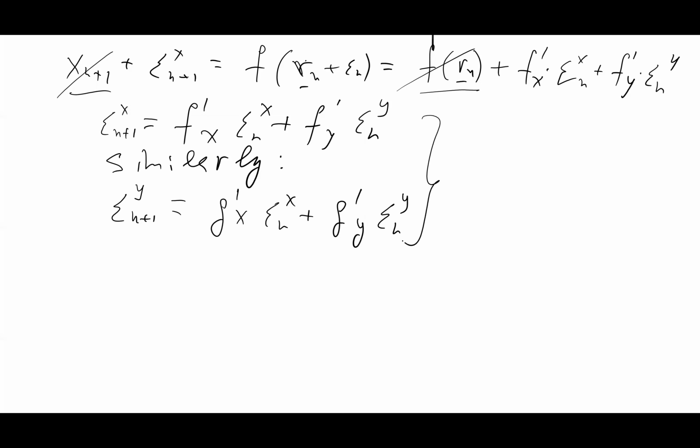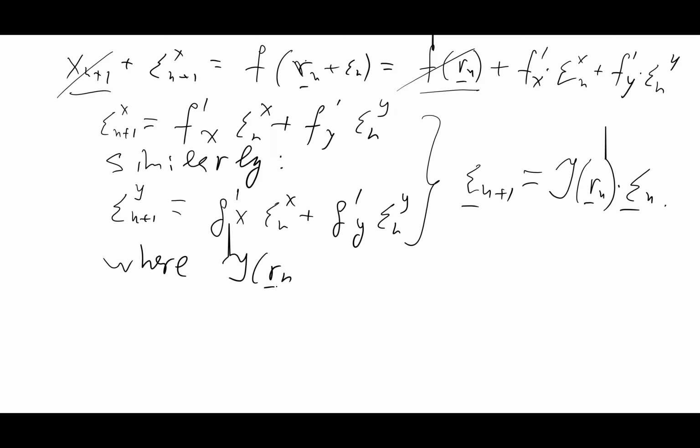And from these two we can put it like this: epsilon n plus 1 vector with these two components equals Jacobian at Rn times epsilon n.